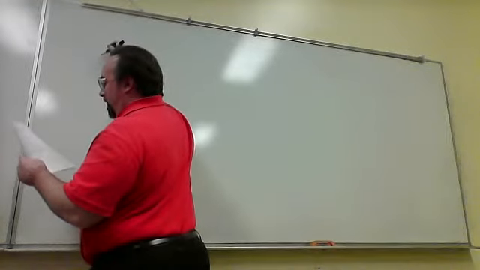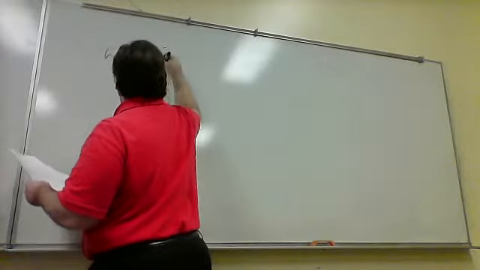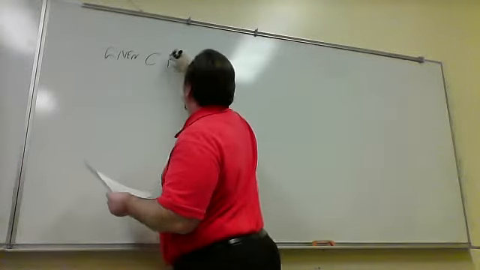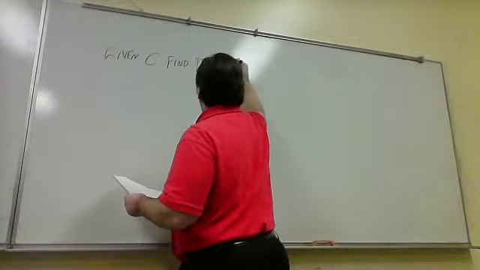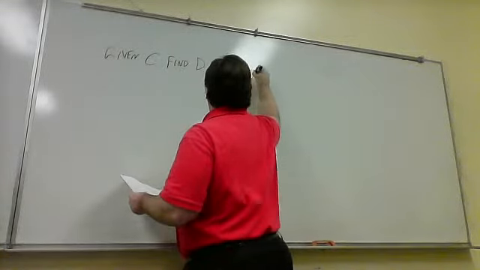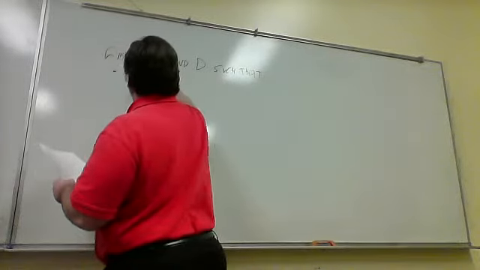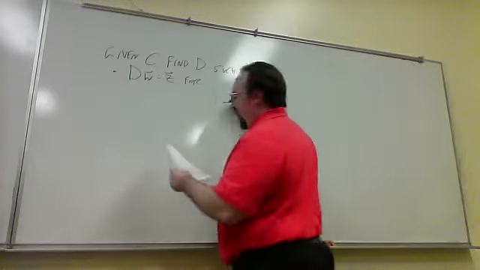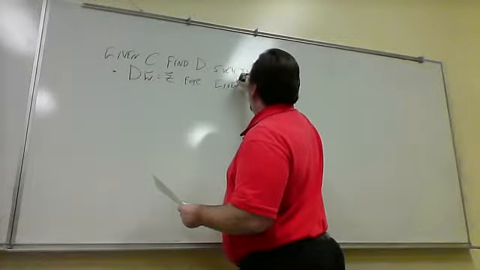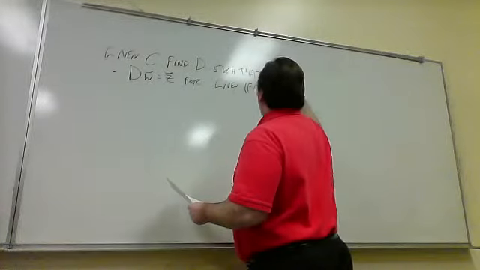So a more abstract version of this problem is as follows. Suppose I'm given a matrix C. We define D, another matrix, that satisfies these conditions. First, Dw is equal to z for certain fixed vectors w and z.